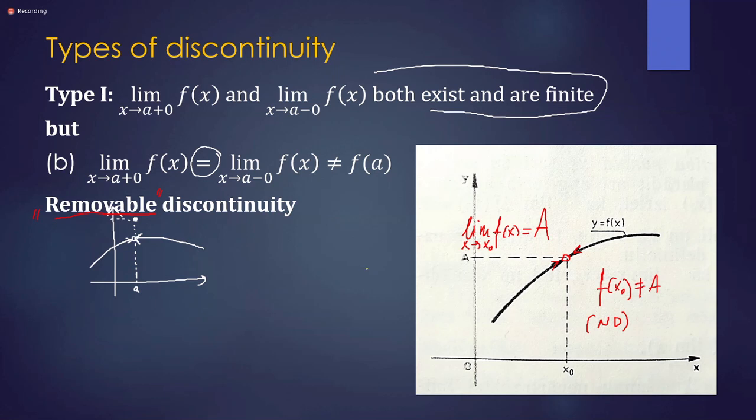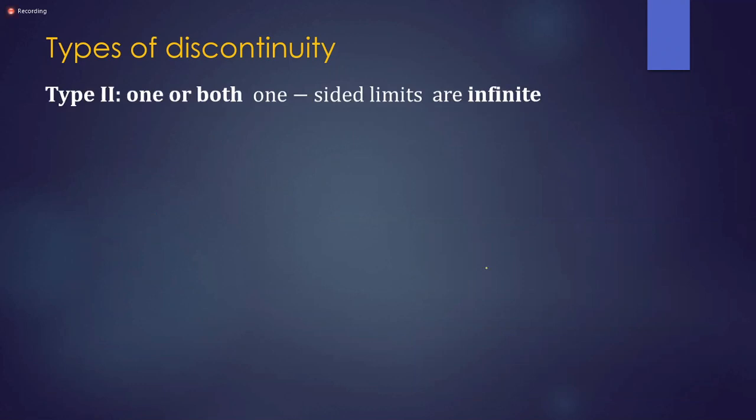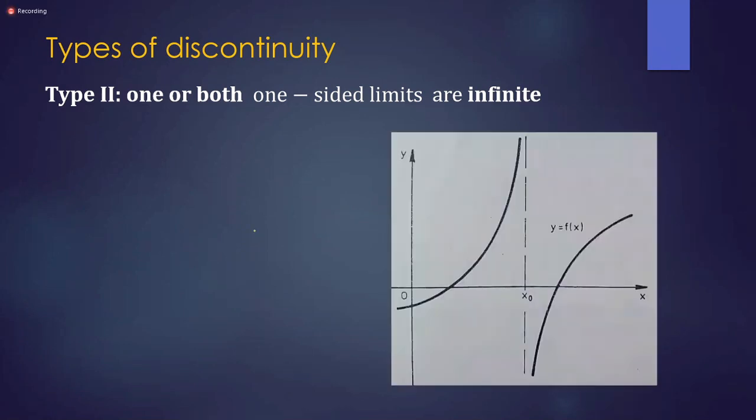This is where one or both one-sided limits are infinite. This type of discontinuity happens for some functions quite naturally. For example, when we have the inverse variation or inverse proportion, it would look like this.